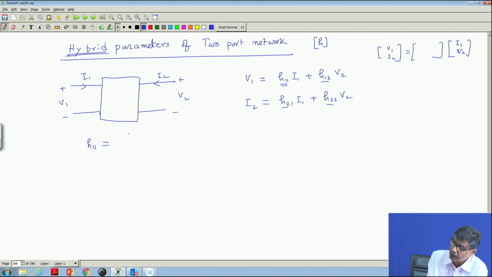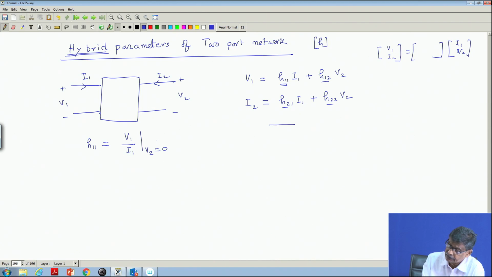What will be H 11? H 11 will be V 1 by I 1 with V 2 equal to 0. This is what it will be, V 1 by I 1 with V 2 equal to 0. How to find this out?